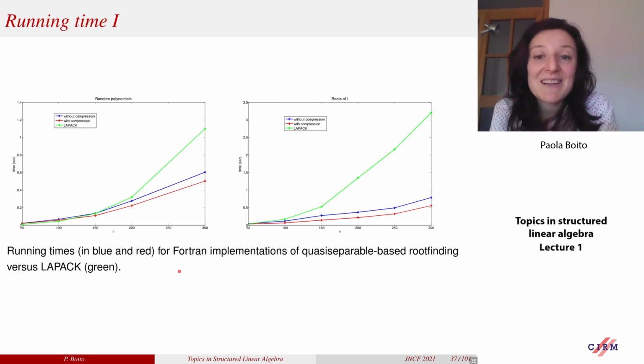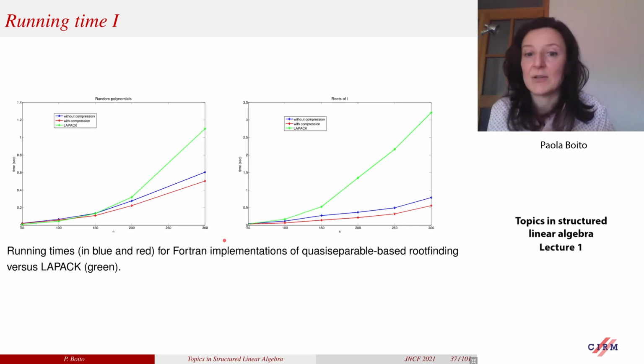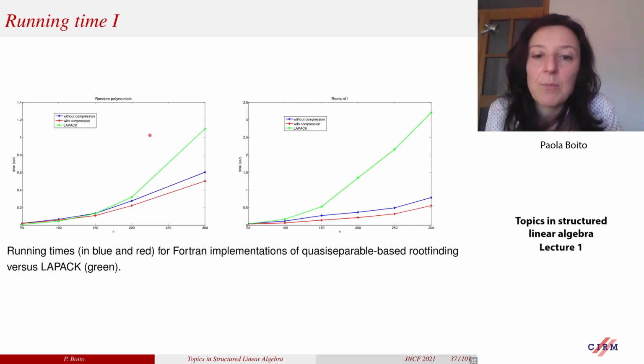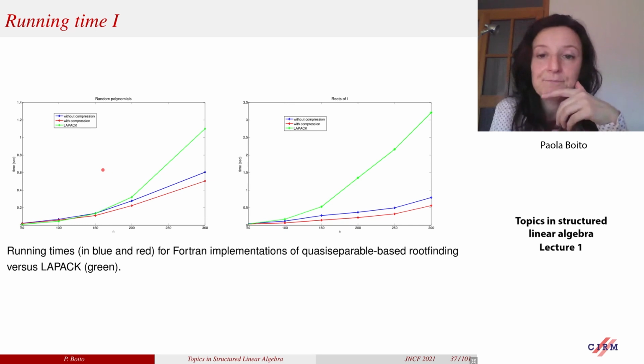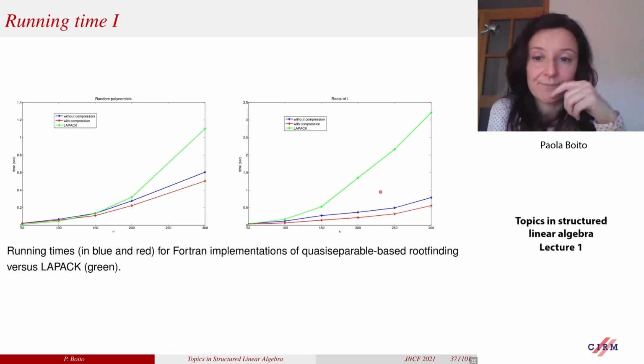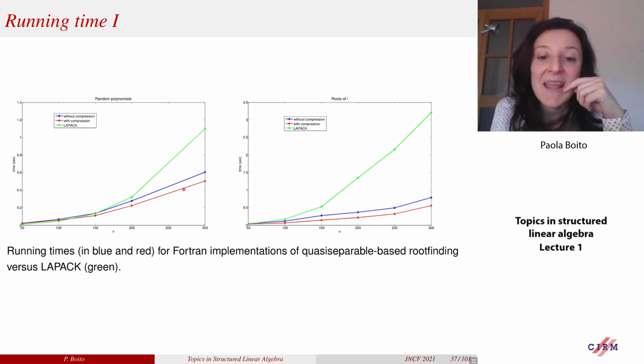Numerical experiments show how this approach is actually n-squared in practical applications. In these examples, I'm using polynomials with random coefficients, chosen uniformly from 0, 1. And in this example, I'm looking at the cyclotomic polynomials, z to the power n minus the imaginary unit.